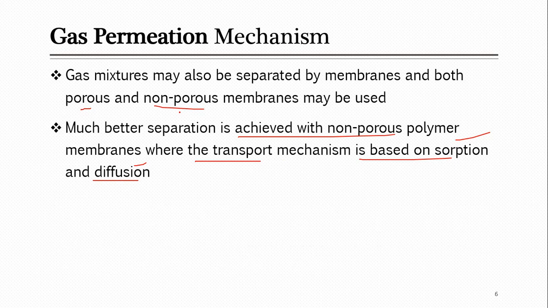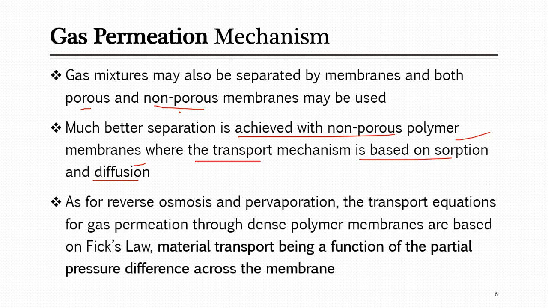When you look at the membranes used for gas permeation and compare them with reverse osmosis and pervaporation, or look at the driving force needed for separation, most of the time these dense polymer membranes are used for gas separation, and they follow Fick's law.